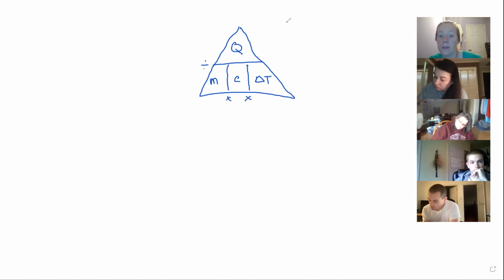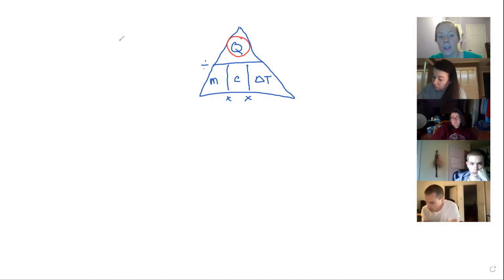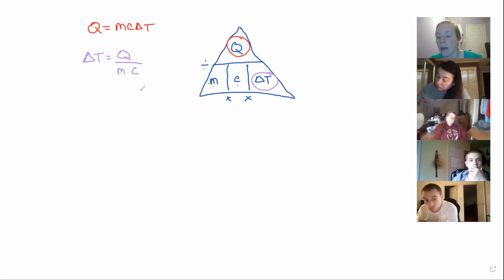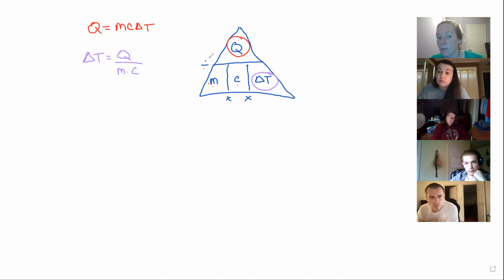So if we want to isolate for something, like let's say we want to solve for Q, Q equals mass times C times delta T. What if we want to solve for change in temperature? Delta T is going to equal your Q value divided by your mass times your C value. You guys see how to read that? This is a faster way to isolate variables if you're not good at isolating from the original equation. If you know how to isolate from the original equation, then you don't have to worry about it.